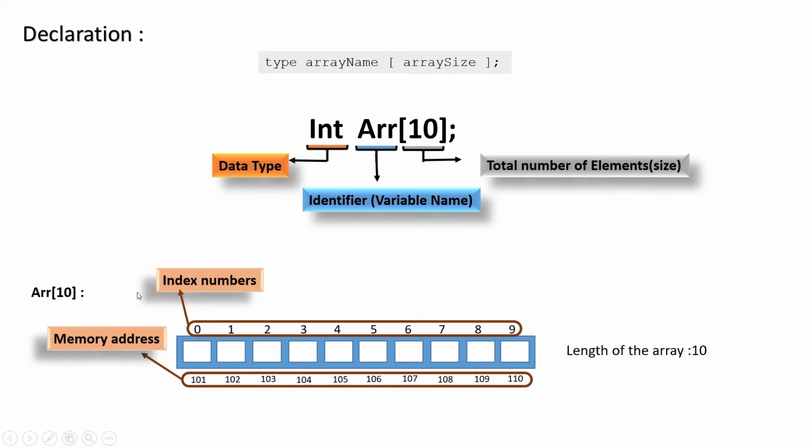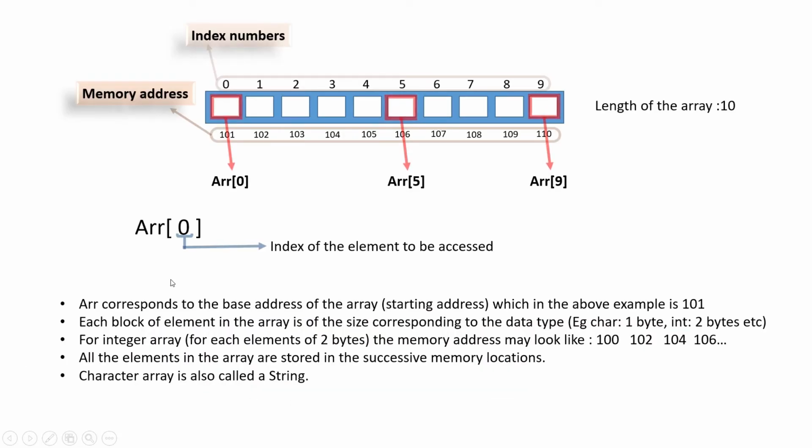This is how the array is represented. These are the index numbers. Index starts from 0 to n minus 1, and these are the memory addresses. As you can see, arr corresponds to the base address of the array, which is 101 here.